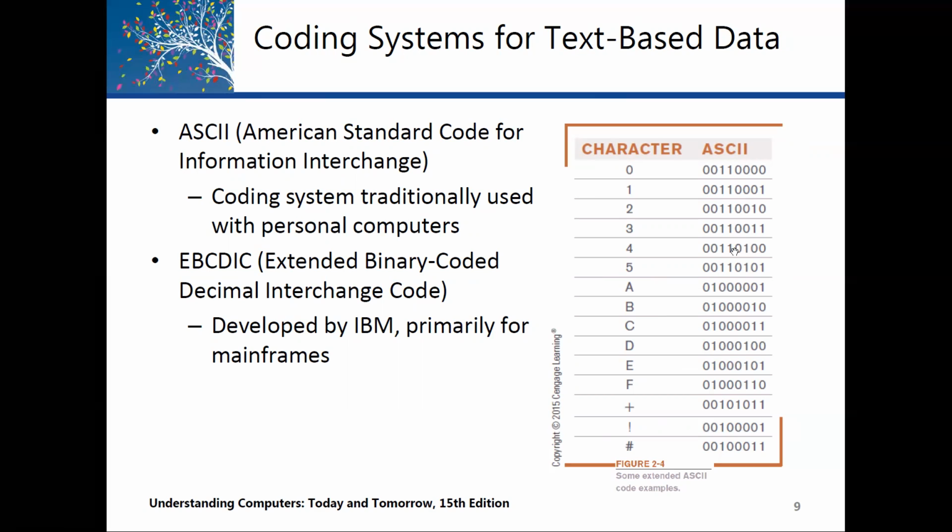ASCII codes are 7-bit codes, right? That means it can host 2 raised to the power of 7 characters or symbols. That is roughly 128 symbols that can be represented using ASCII codes. Each symbol has a defined code, like A, B, C, D, the number sign, plus sign, 1, 2, 3, whatever.